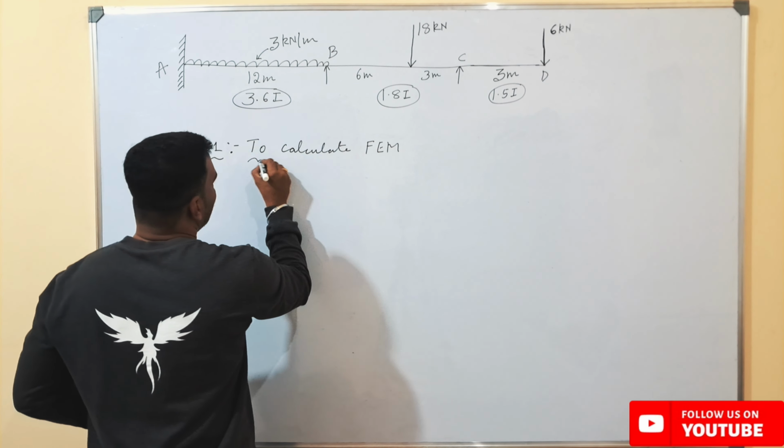So if I go for the first cycle or the iteration process, if I consider this, that is M dash BA, which will be equal to the formula we know, the rotation factor. So from B to A, the rotation factor we have calculated here, which is minus 0.333 multiplied by the summation of fixed end moment.